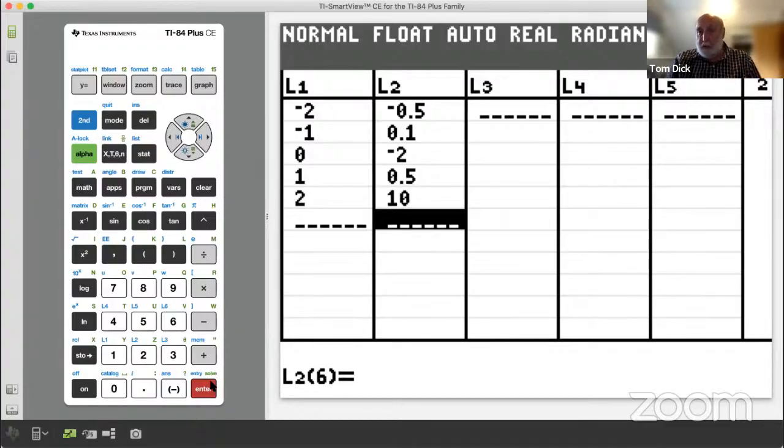Okay, and so that's a data set that I've copied into my stat editor. And the first thing I'm going to do is, well, the question at hand is we want to use a cubic regression to model this function. So to start with, I'm going to go ahead and go to my stat plot.